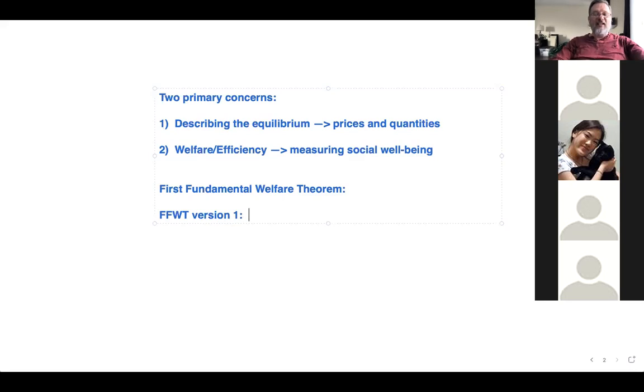And that is that competitive markets are efficient. Okay. Now, what that does is it connects these two things. One is we're describing a type of equilibrium, and secondly, we're saying something about its welfare measurement.